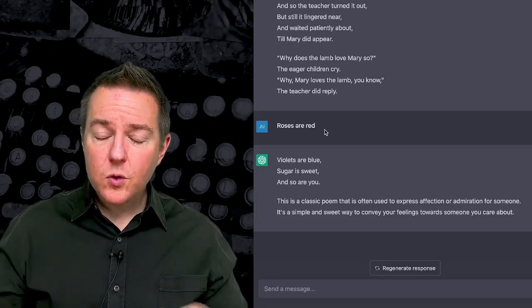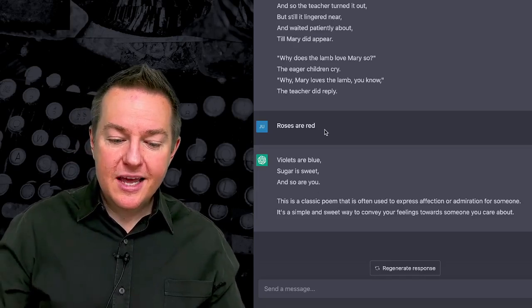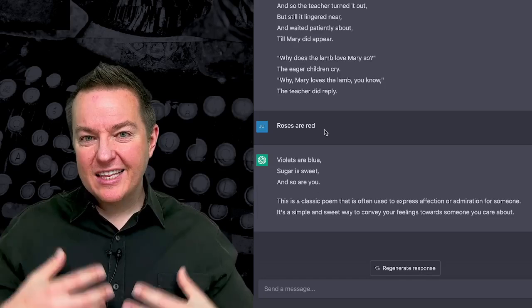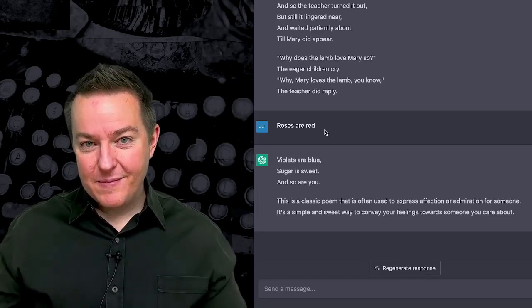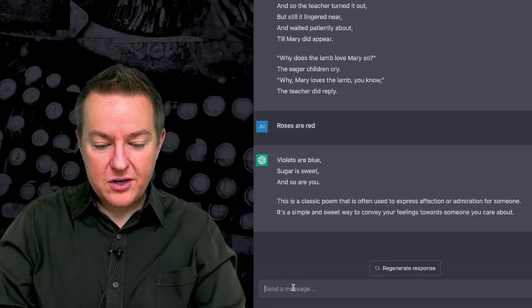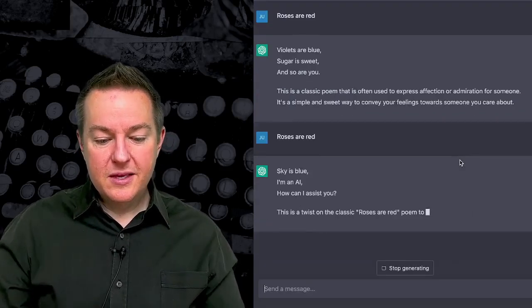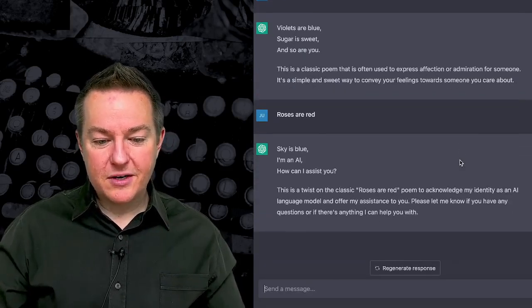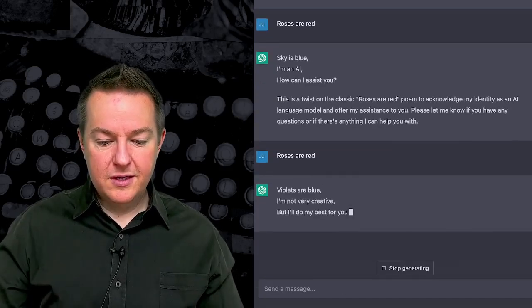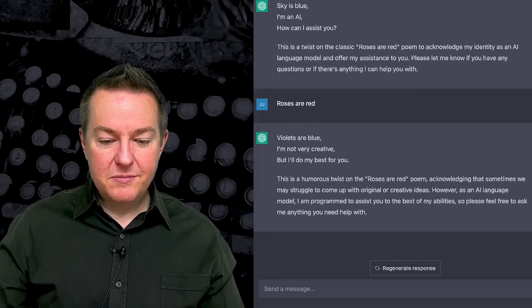Now, one thing to note is that a lot of times these tools will produce output that is not the same every time. It's possible that we could get the same output every time in certain cases, like "roses are red," and now we get something different. And then if we went in and we did it again, we get something different.